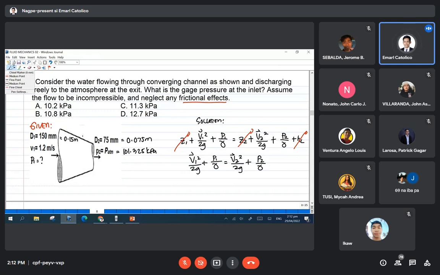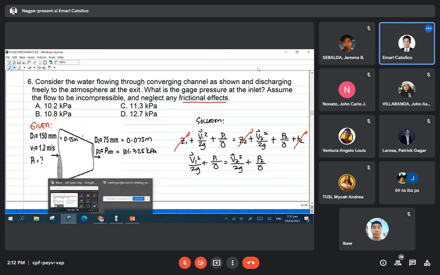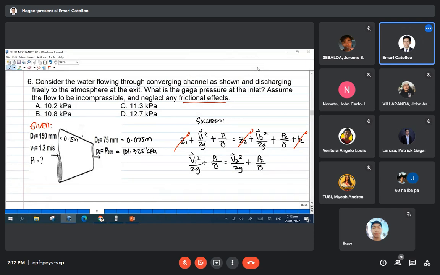Okay, so i-check natin yung ating given kung pwede ba siyang i-direct sa velocity 1, kaya naman. Pressure 1, yan yung nawawala. Velocity 2, kaya din, no? In terms of diameter. Pressure 2, kaya din. Okay, so ang kukunin natin dito ay hindi pala kaya si velocity 2 kasi wala pala tayong volume flow rate.